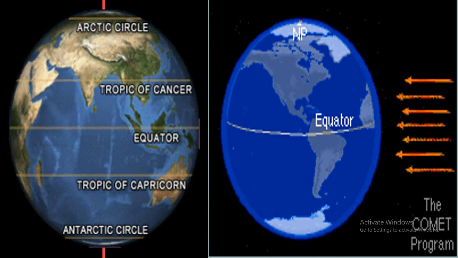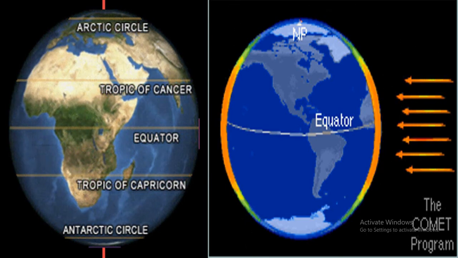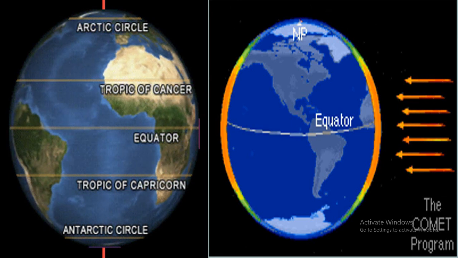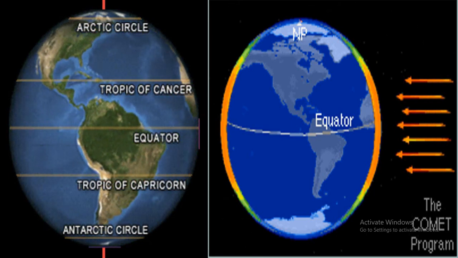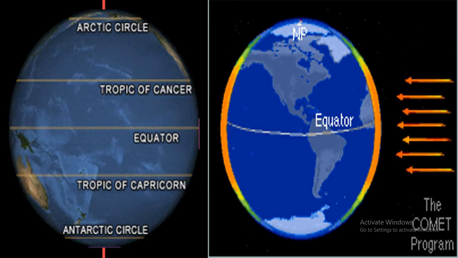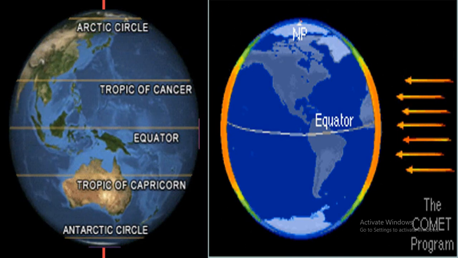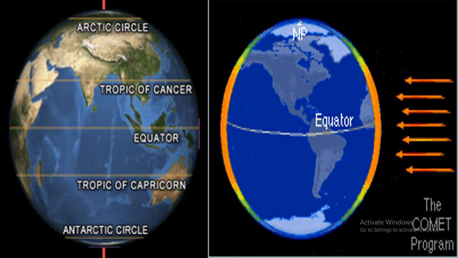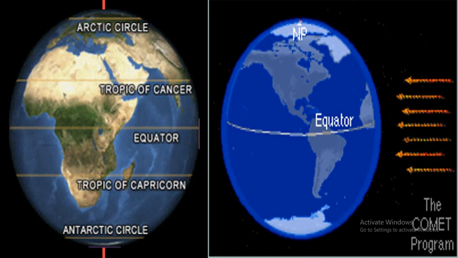The very first one is distance from the equator. The sun's rays fall vertically on the equator. So the rays are inclined on the regions away from the equator and near the poles, due to the spherical shape of Earth.